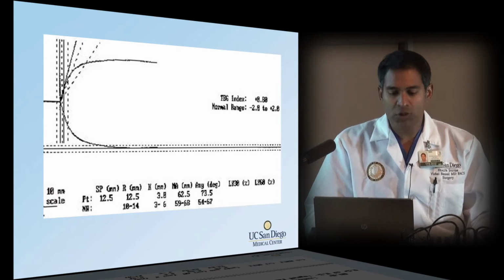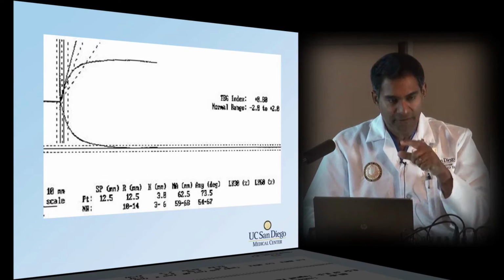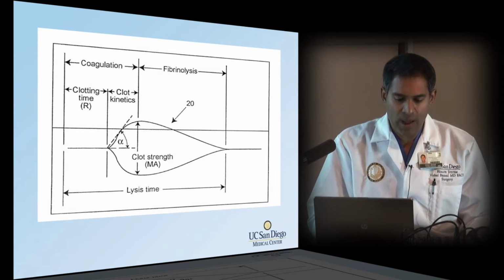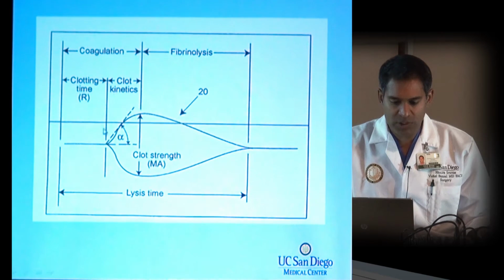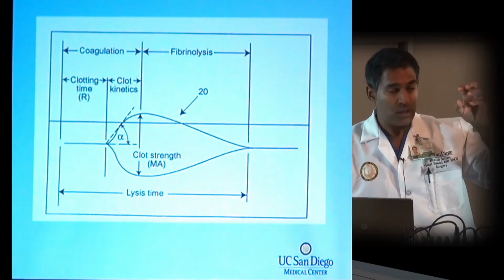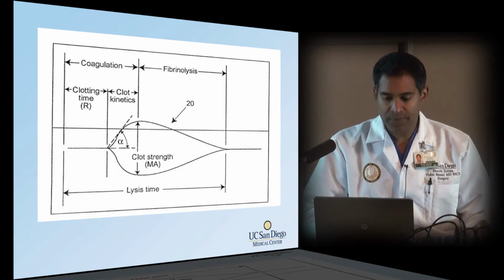Okay, now, let's go back to this and look at the way the actual plot forms. This is what it all means. Now, the R time is the time it takes for that blood to start clotting. We'll talk a little bit about what that means clinically.